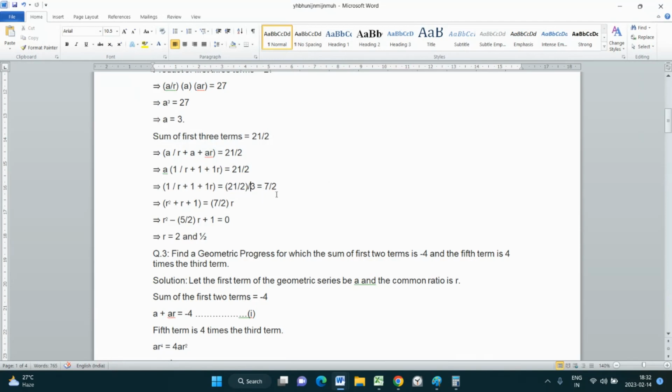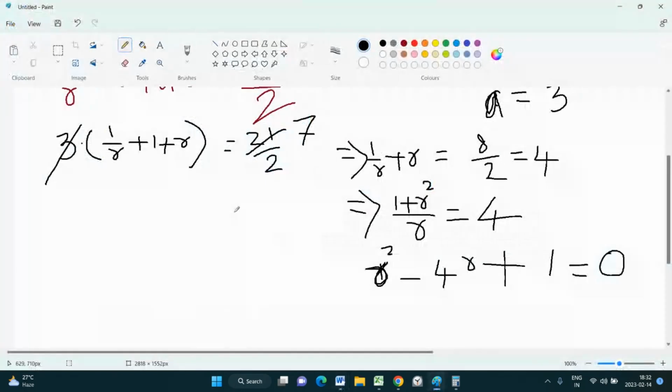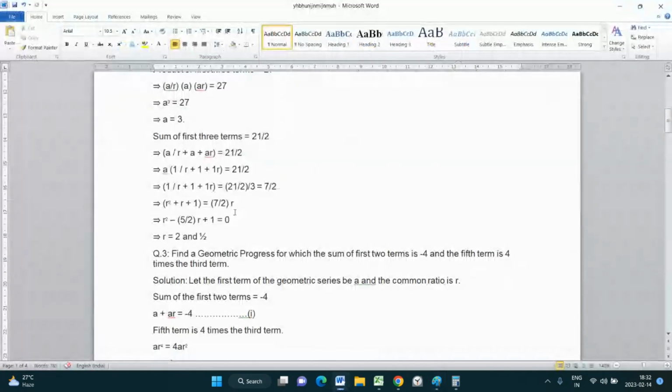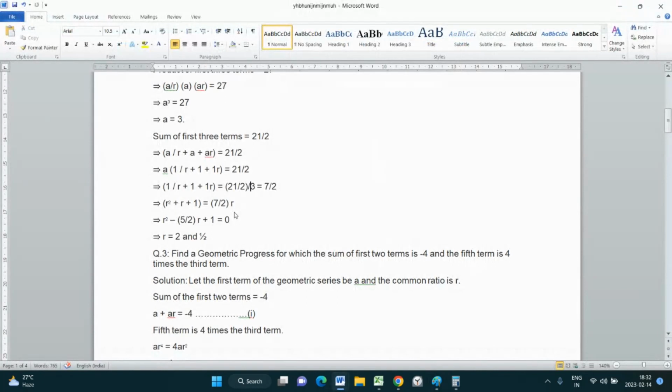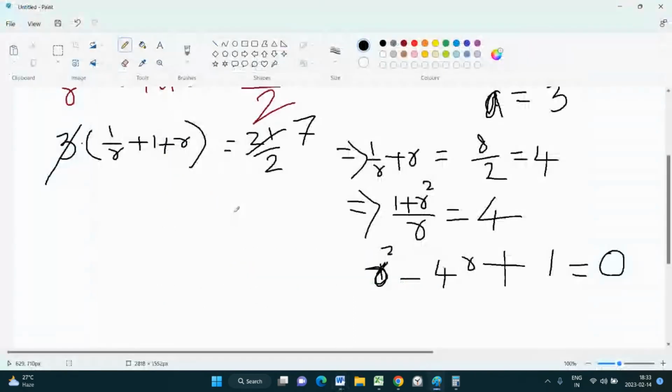So 3 we cut and found out R square plus R plus 1 is equal to 7 by 2 R. Did I make a mistake here? Did I make or not?